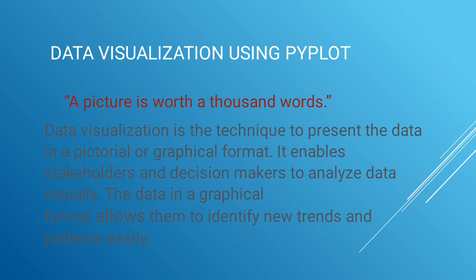The first phrase is: a picture is worth 1,000 words. What does that mean? Compared to raw data, if we show anything as a picture, we can understand it easily, correct? For example, there are details of 100 students.